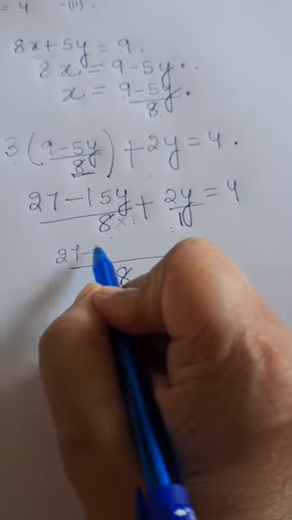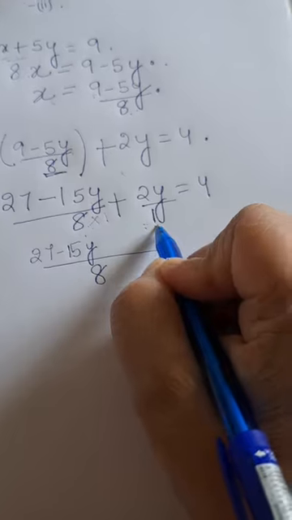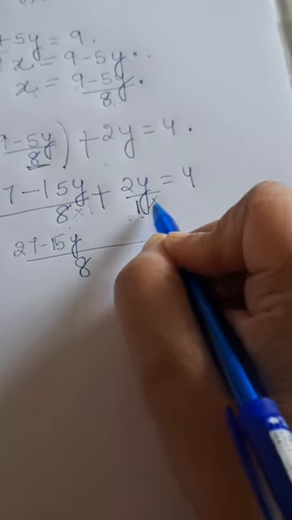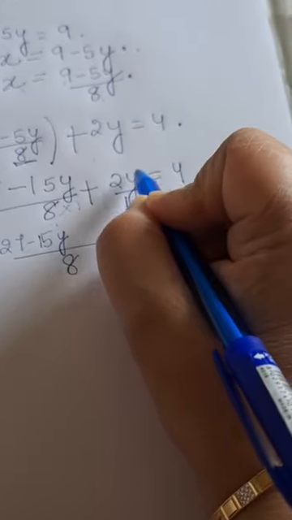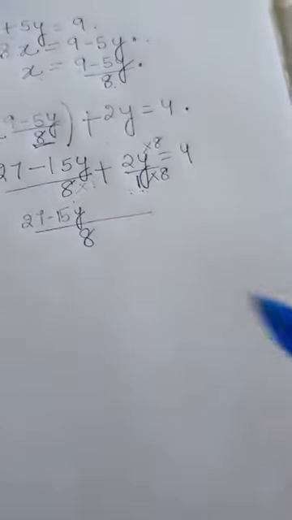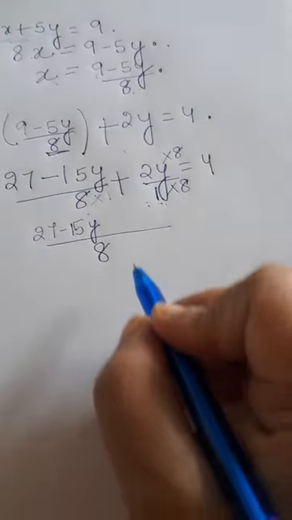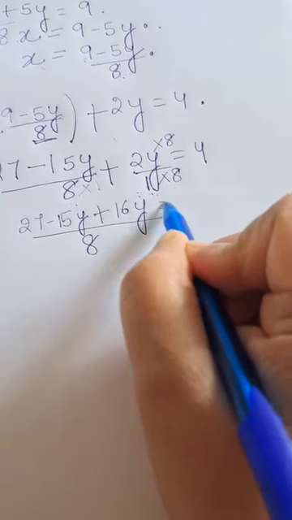Simply write 27 minus 15y. Now it is 1, so I have to make the denominator as 8. So I'll multiply the denominator 1 with 8. If I am multiplying the denominator, I need to multiply the numerator also. So it will become 8 twos are 16y is equal to 4.